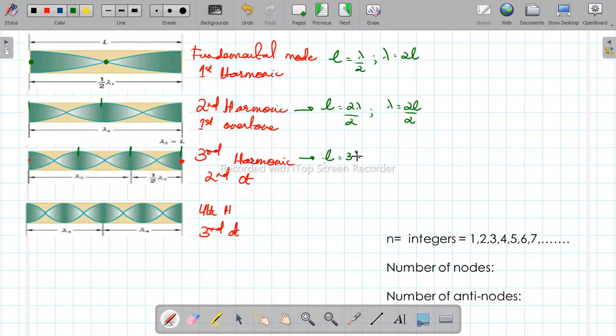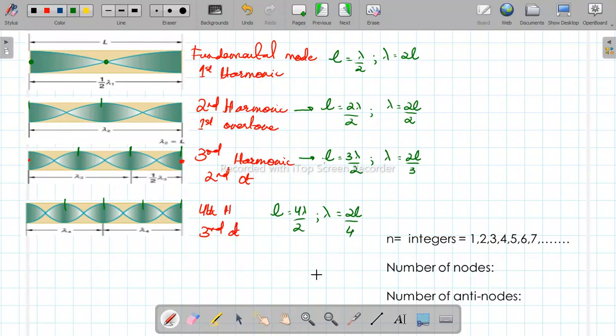L equals 3 lambda by 2. In other words, lambda is 2L over 3. Then 1 times lambda by 2, 2 times lambda by 2, 3 times lambda by 2, 4 times lambda by 2. L equals 4 times lambda by 2. In other words, lambda equals 2L over 4.